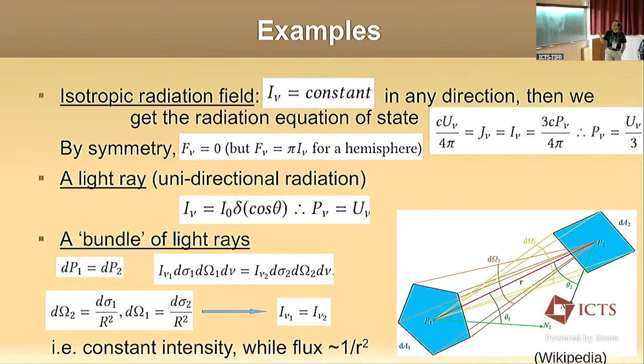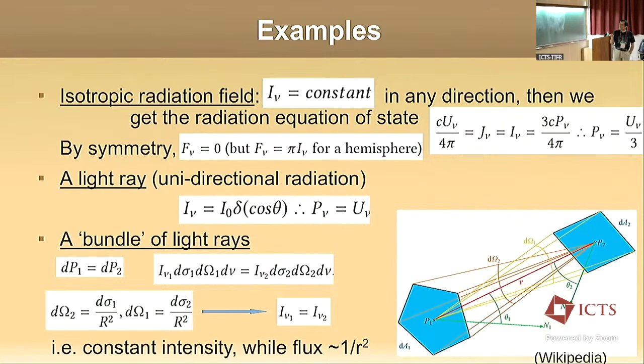So if you compare the first and the last expression, you cancel the c's, you cancel the 4 pi's, and you get that the pressure is the energy density divided by 3. And that should be familiar to you because that's the radiation equation of state. So that's where it comes from. So that's true for CMB or for any other kind of isotropic radiation. On average, the pressure is related to the energy.